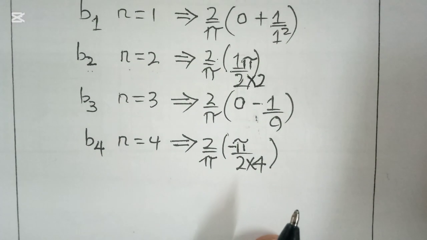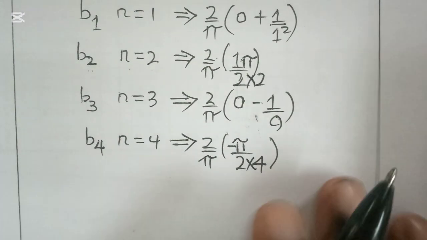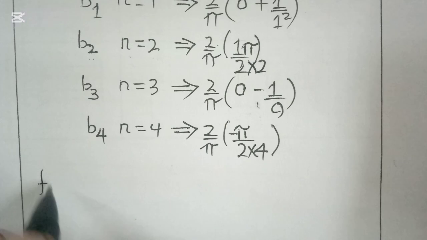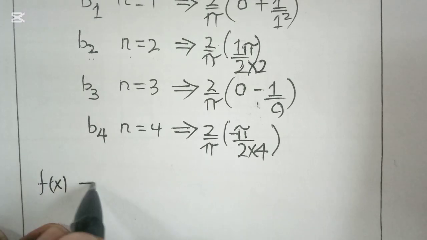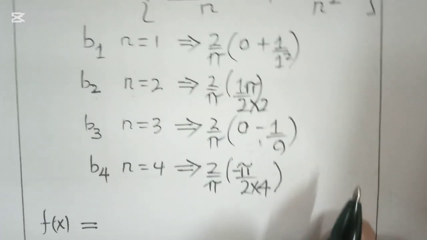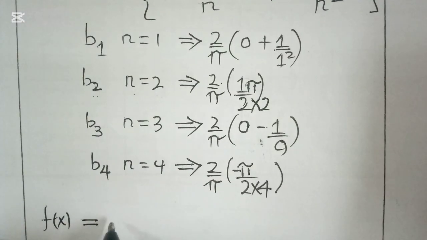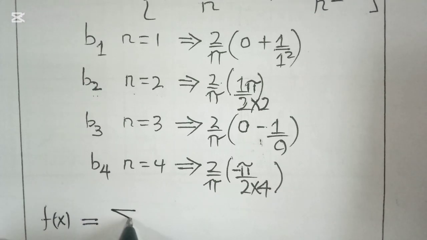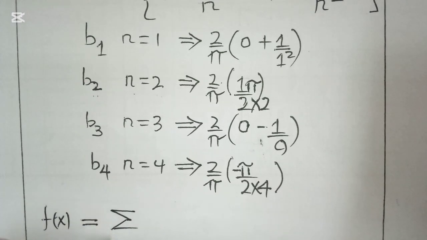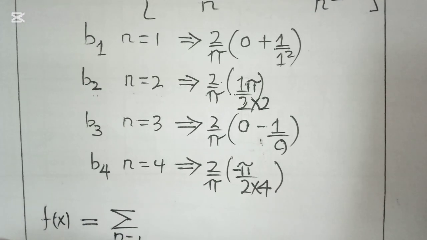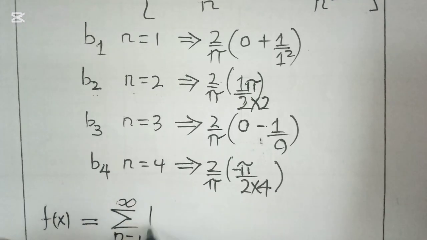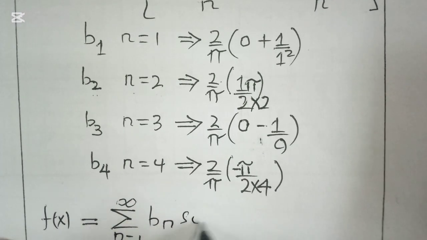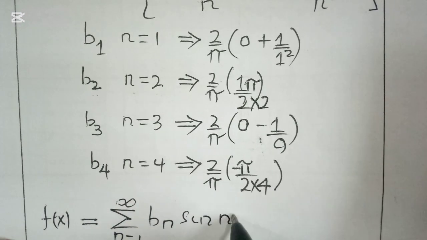So let's now go to writing the series. So f(x) will be equal to the sum of bn, the equation is supposed to be like this, guys, that is from n equals 1 to infinity, of bn sine nx.